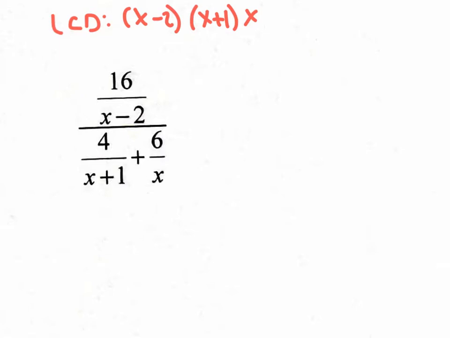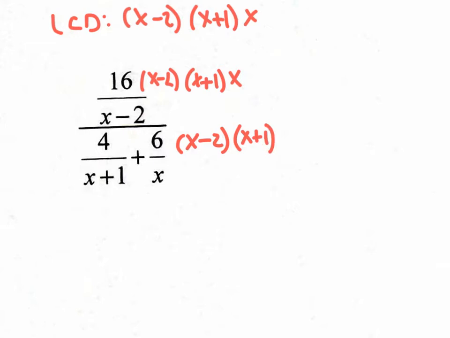That's the LCD. So bottom line is I'm going to have to multiply every single one of these by that LCD. So let me do that. Let me put a x minus 2. Let me put a x plus 1. And let me put an x. Let me do the same over here. x minus 2, x plus 1, and x.